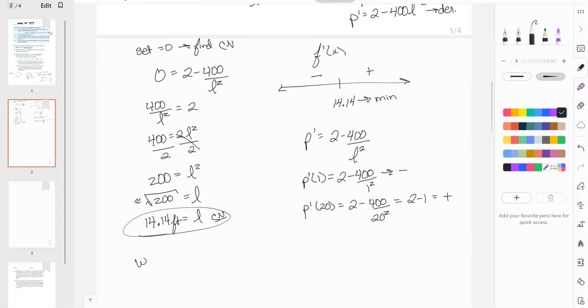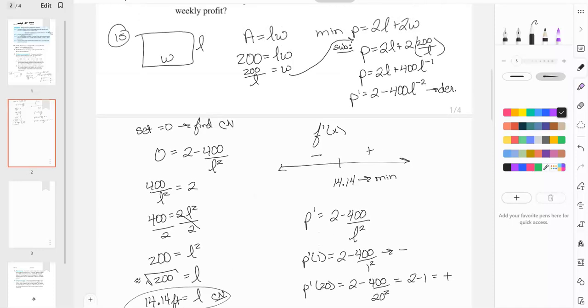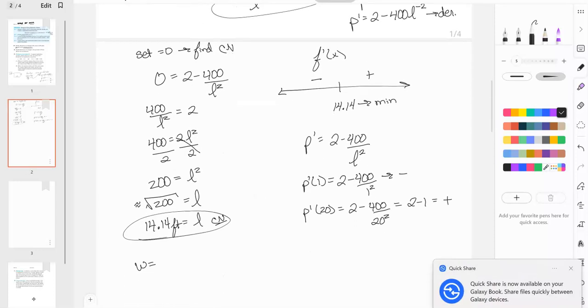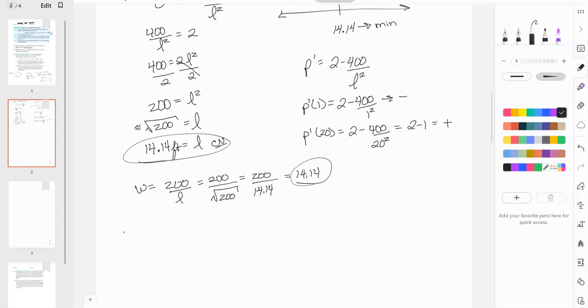So now that we know the length, we can find the width. We're going back to our equation here for width. Width was 200 divided by L. So this is going to be 200 divided by the square root of 200, or 200 divided by about 14.14. And we're going to get 14.14. So my dimensions would be 14.14 feet by 14.14 feet.